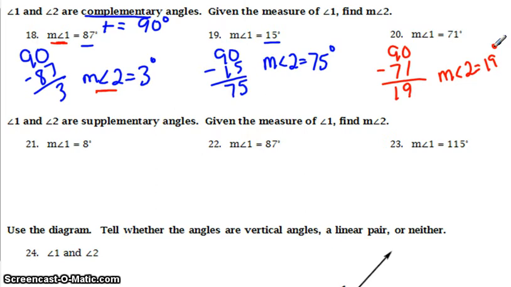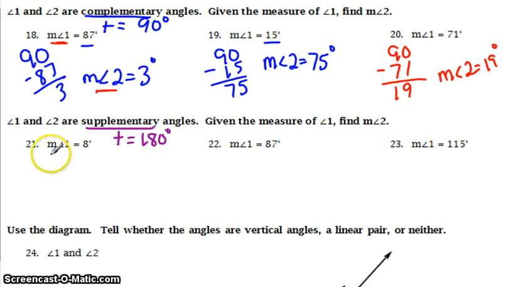And now, very related to numbers 18 through 20 are numbers 21 through 23, except this time they tell us that angle 1 and angle 2 are supplementary angles. Given the measure of angle 1, find the measure of angle 2. Remember, supplementary is just a fancy way of saying they add to equal 180 degrees.